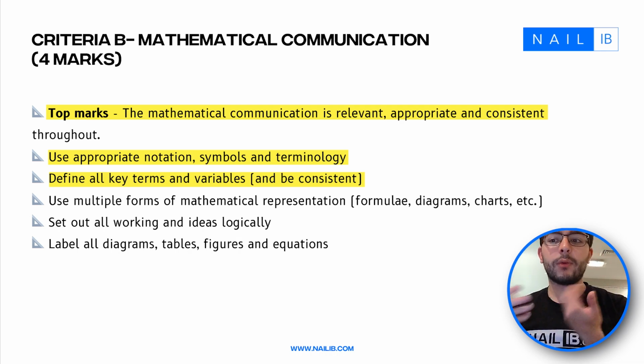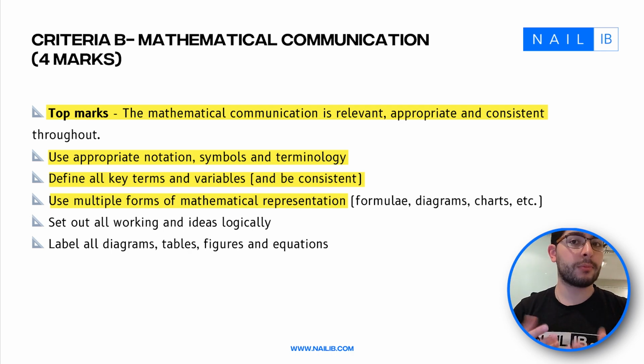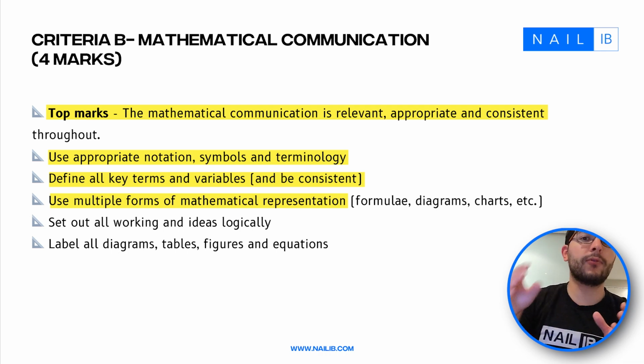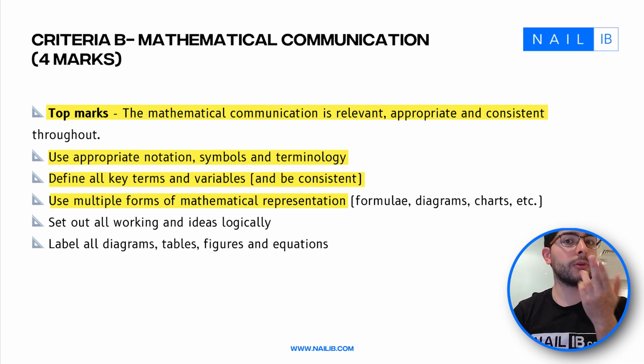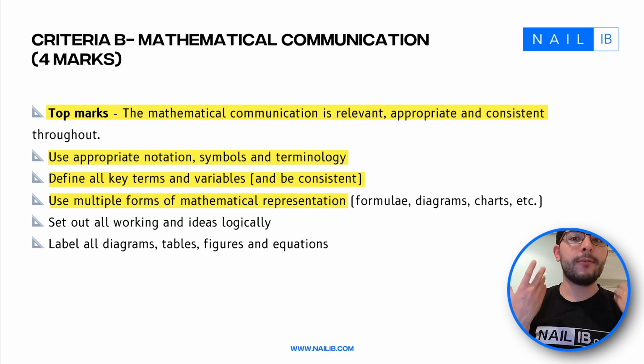Now, what they also want is for you to use multiple forms of mathematical representation. That involves formulas, diagrams, charts, graphs, whatever. It's just saying use whatever is appropriate for your IA. So let's say I'm doing an IA and it involves a bit of calculus. I'd be including stuff about derivatives, probably graphs, maybe sign diagrams. Those kinds of things would be appropriate multiple forms of mathematical representation.